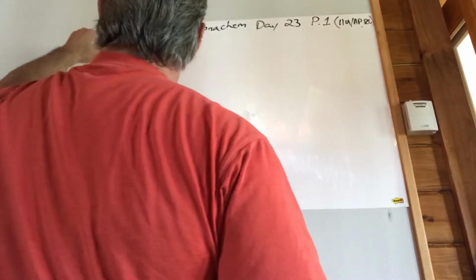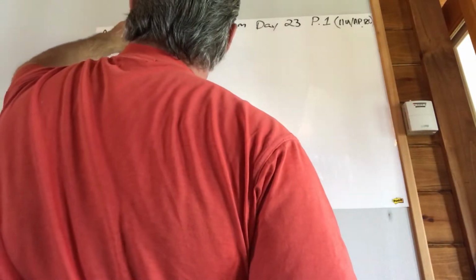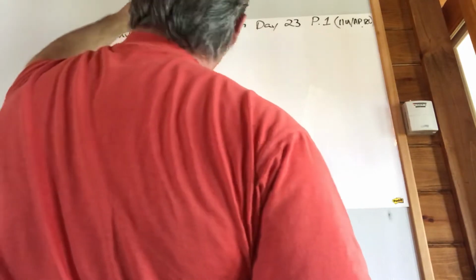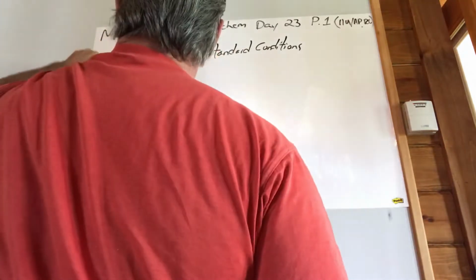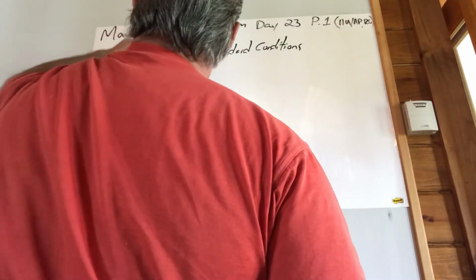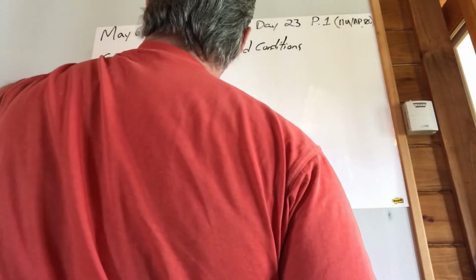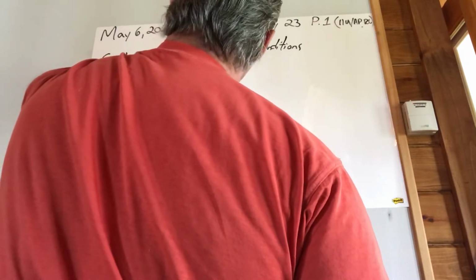So cell EMF under standard conditions. One volt is equal to 1 joule of energy per 1 Coulomb of electrons. What's that, Coulomb?